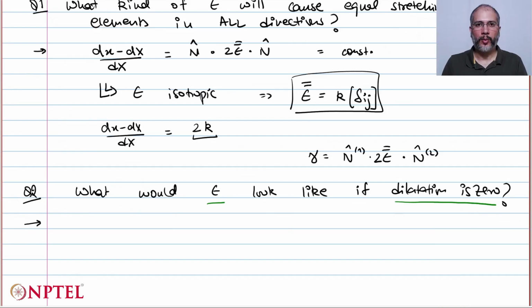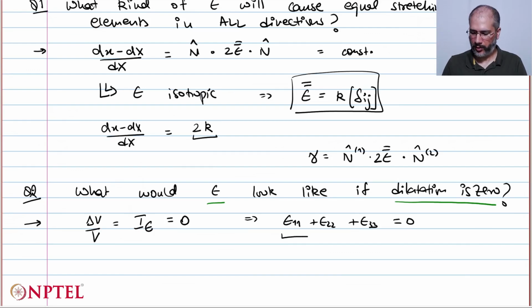Again, we had shown that delta V upon V is the first invariant of epsilon. So if this is 0, that means epsilon 1 plus epsilon 2 plus epsilon 3 is 0. So the kind of epsilon that causes 0 dilatation everywhere is an epsilon whose trace is 0.